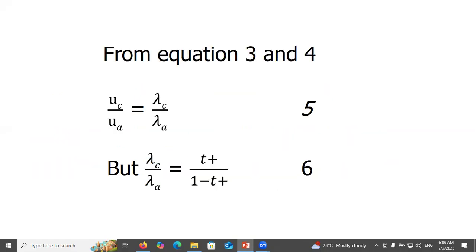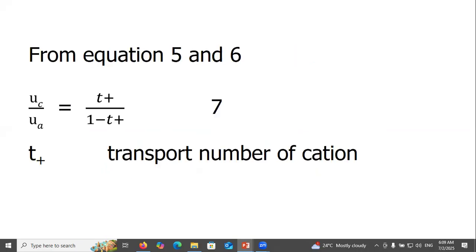From equations 3 and 4, we get mu C over mu A equal to lambda C over lambda A, equation 5. But lambda C over lambda A equal to T plus over 1 minus T plus, equation 6. From equations 5 and 6, we can write mu C over mu A equal to T plus over 1 minus T plus, equation 7, where T plus is the transport number of cation.